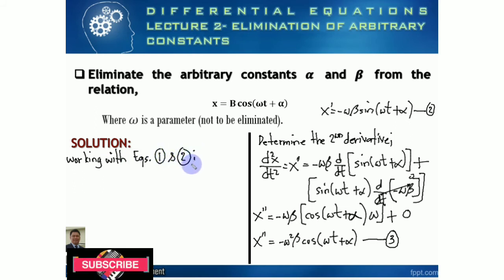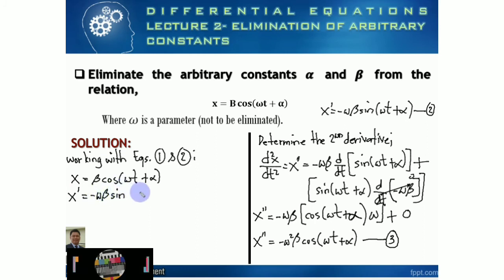Okay, so this is our equation 1, in which x is just equal to beta cosine of omega t plus alpha, and our equation 2 is x prime, which is equal to negative omega times beta sine of the quantity omega t plus alpha. Okay, so we have to work with equations 1 and 2.